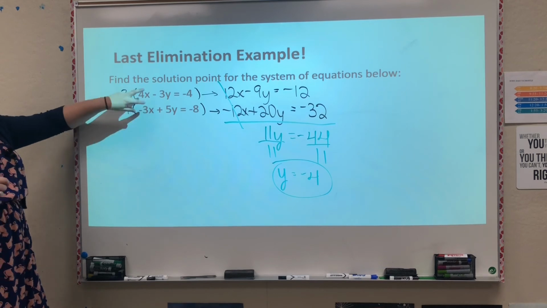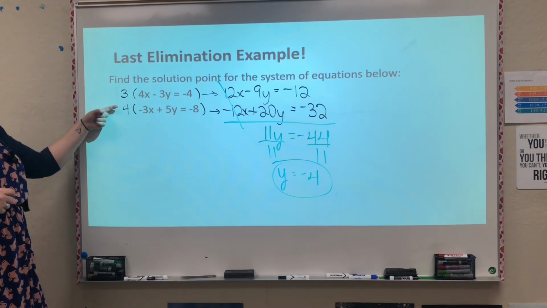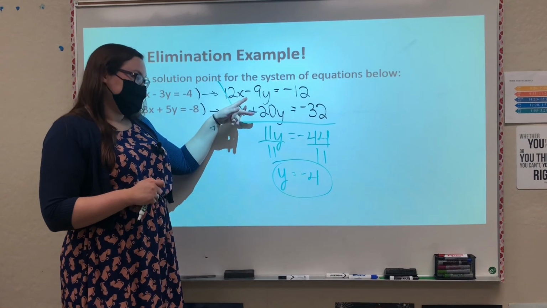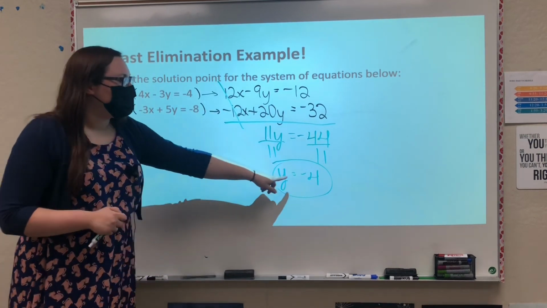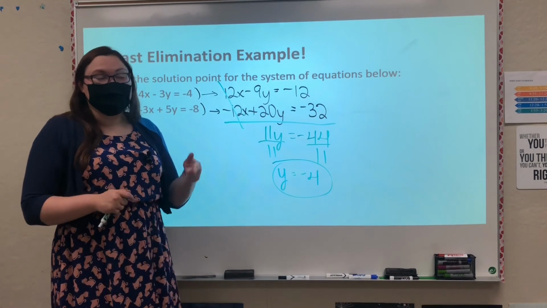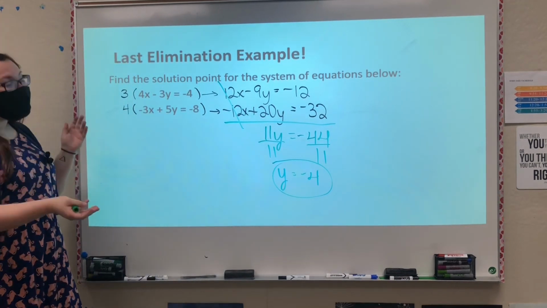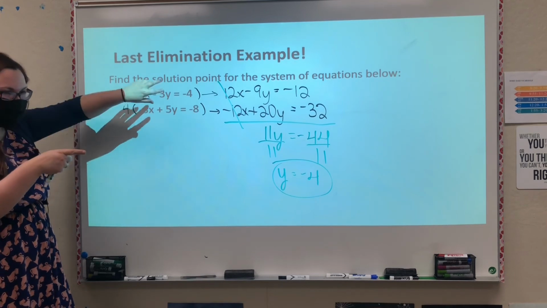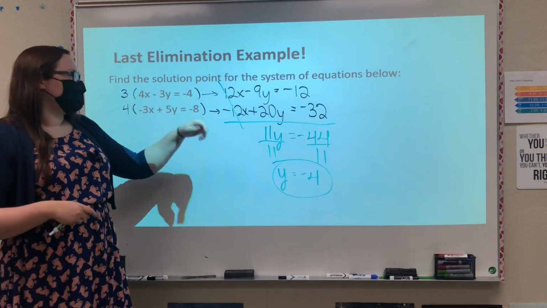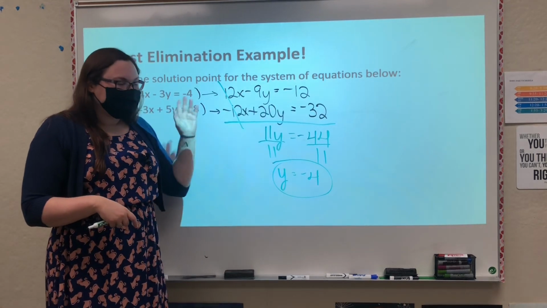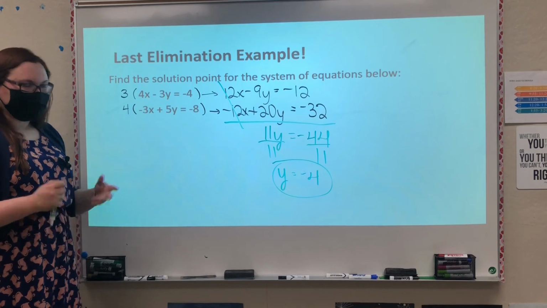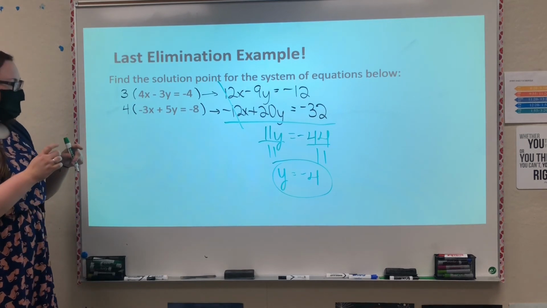I've recommended you use one of the original 2 because we could have made a mistake multiplying. If you substituted -4 into any of these 4 equations, you should get the same answer. So you can choose any of the 4, but I always recommend using the original ones because we might have said +32 instead of -32, and you'll get a different result if you're using an equation with a mistake in it.